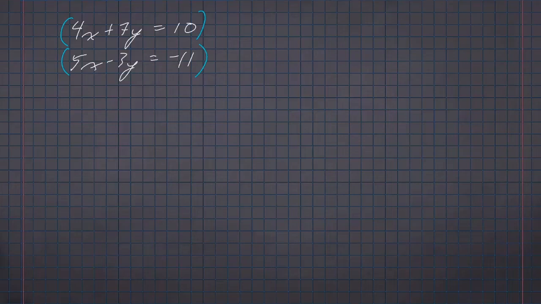Well, the obvious approach is the opposite coefficient. The second equation has a coefficient of 3 on y. If I multiply the first equation by 3, that will get that factor of 3 there. The first equation has a coefficient of 7. If I multiply the second equation by 7, that will get that coefficient into the mix as well.